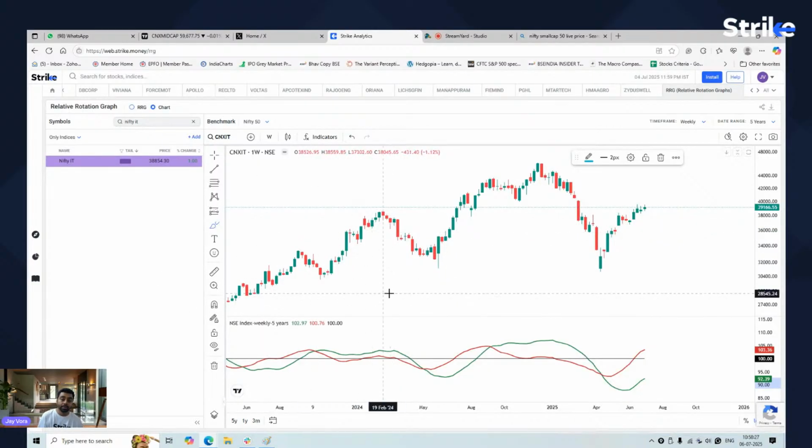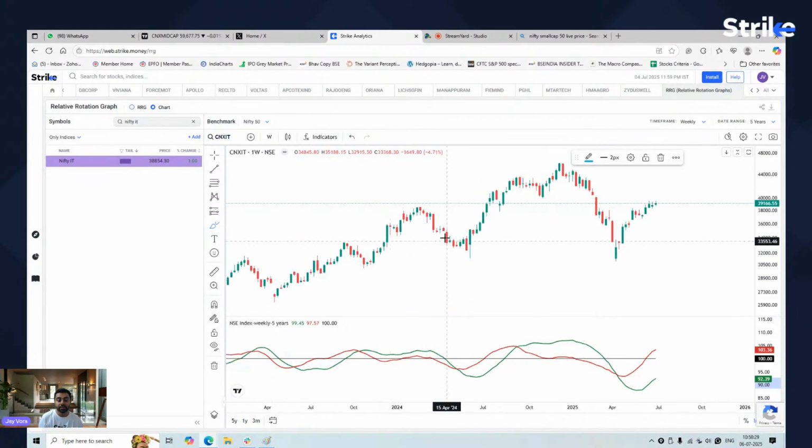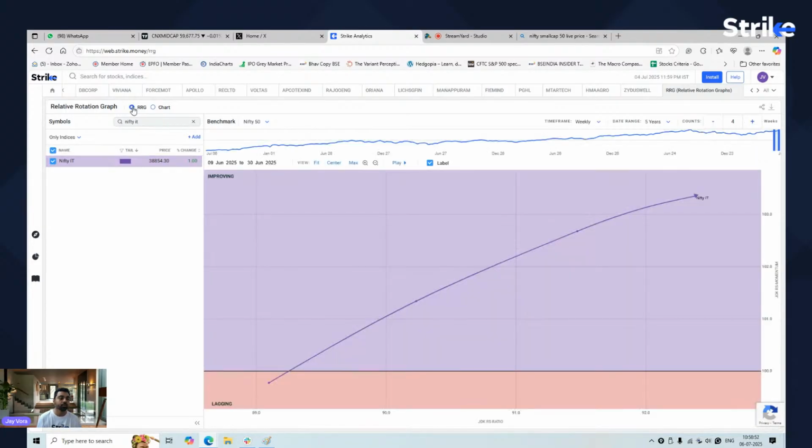That time if the momentum is rising, that means that relative strength also can rise, but it doesn't mean that the Nifty index will go down and something else will go up. It doesn't guarantee that. All it will mean is that while the Nifty index goes down, that particular stock or index may not go down to that extent, right? That is what it simply means.